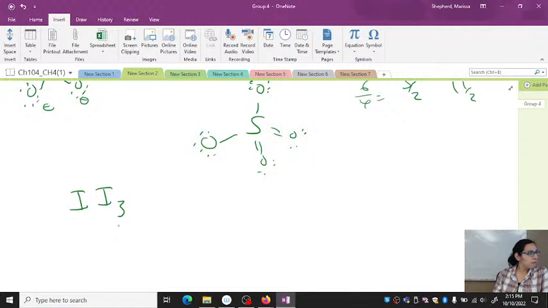How many electrons? I'll give a hint, it's not like a ring or anything, you have a central iodine. And it's neutral, right?